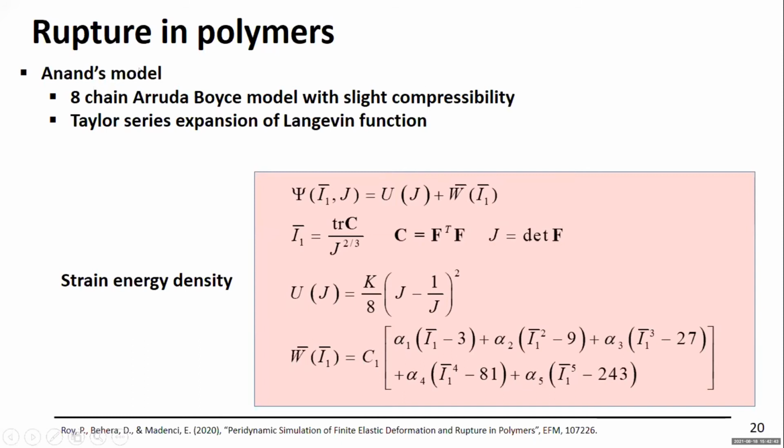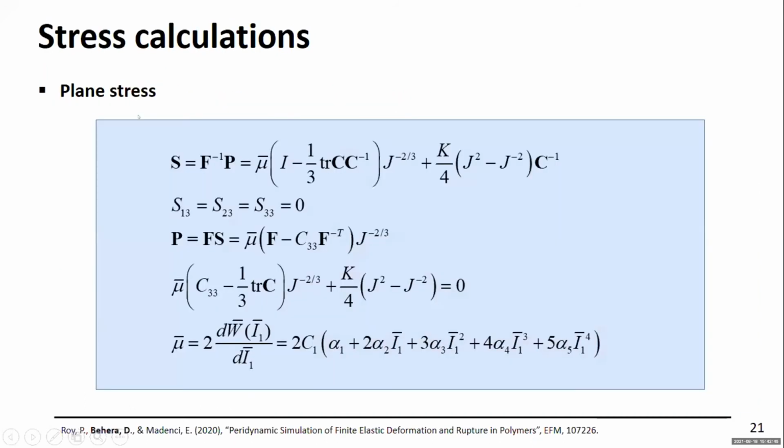It's known as Anand's model. So we're going to use plane stress conditions. So for us to enforce the plane stress conditions, we have the second Piola-Kirchhoff stress tensor. We enforce this, we end up with a constraint condition that we have to satisfy. C33 is one of the components of the Cauchy-Green strain tensor, right? So we have to basically solve for C33.